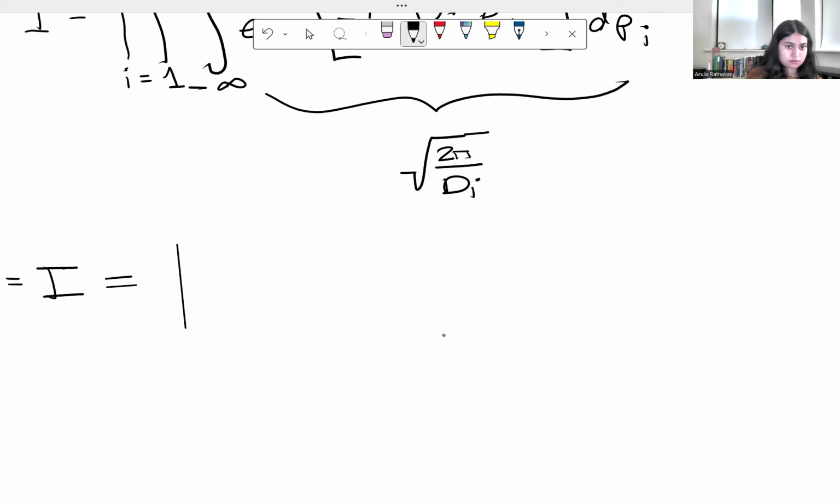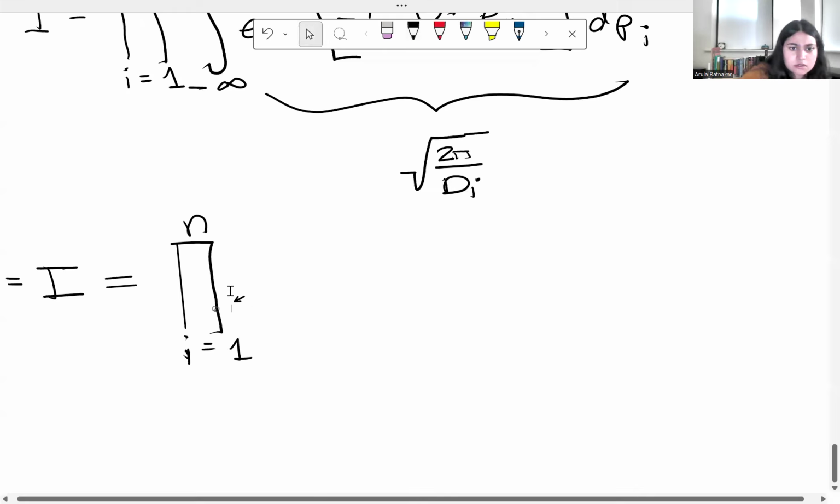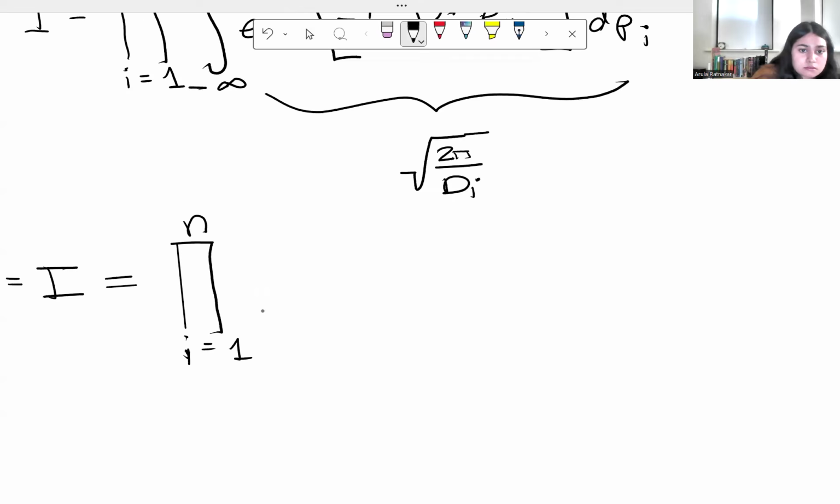Oh my God. I equals 1 to n. So I with the square. Ugh, I don't know. I'm literally just trying to write. I'm not trying to draw weird symbols.